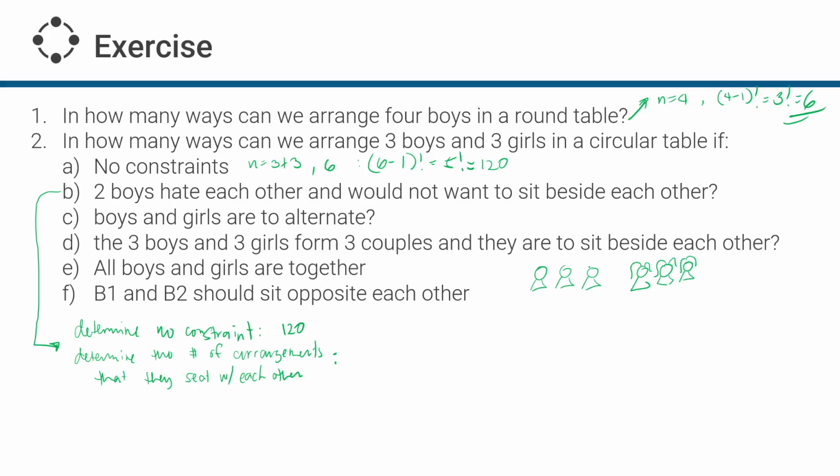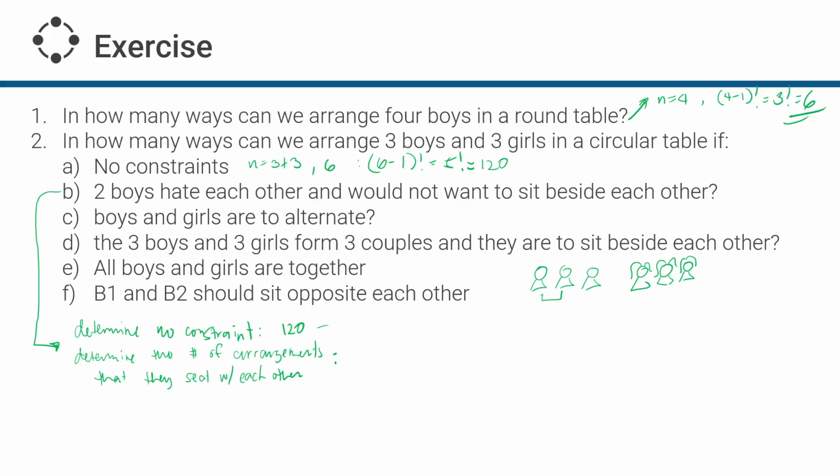So instead of these two not sitting with each other, we're going to count how many ways they are going to be sitting together. Then subtract it from the total number of possible arrangements. Then we will get all of the possible arrangements where they are not sitting with each other.